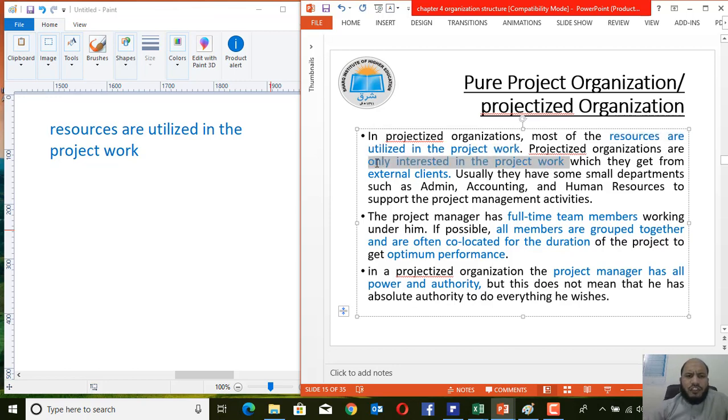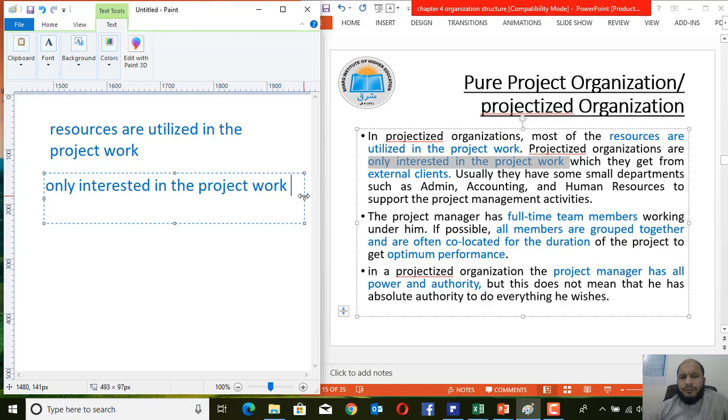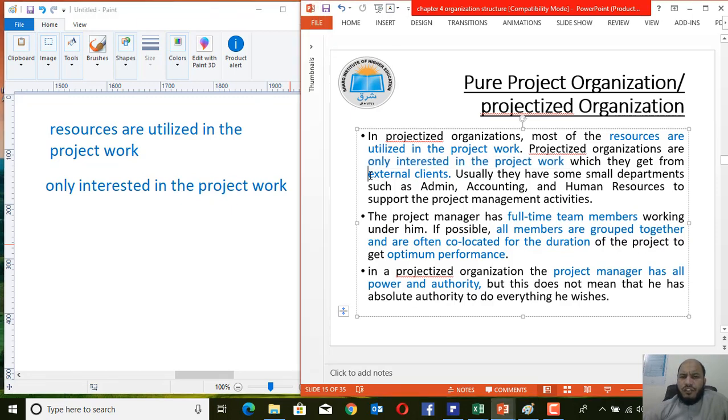Here the project manager is entrusted to achieve the project goals, tasks, or milestones, which they get from external clients.